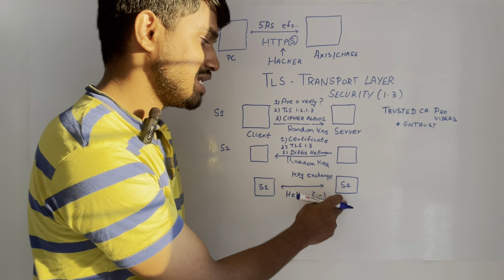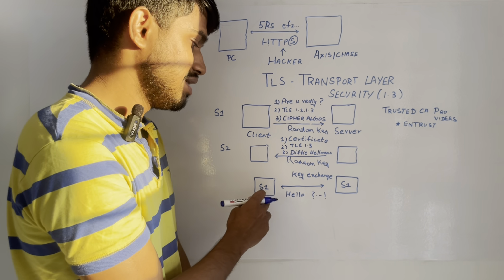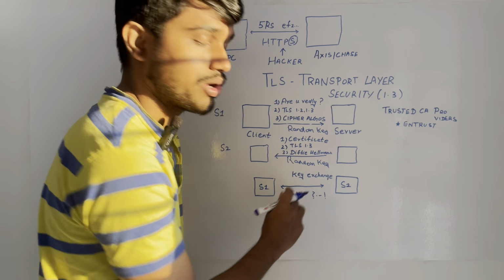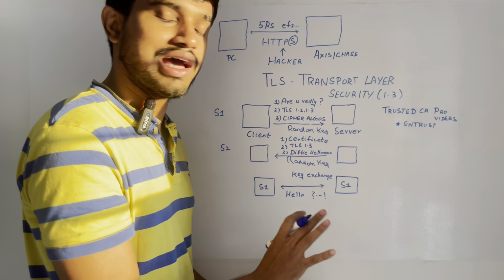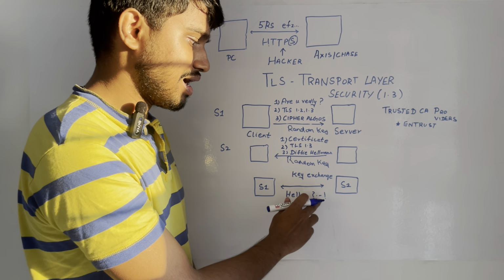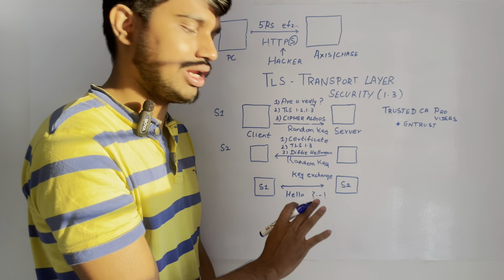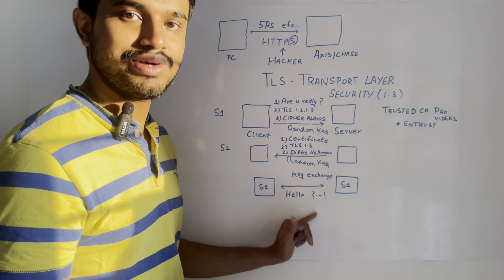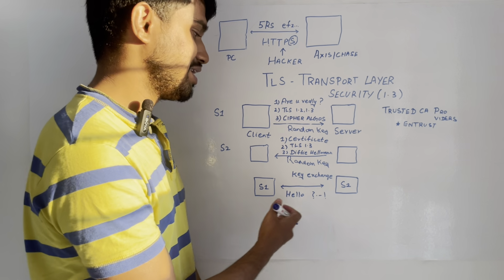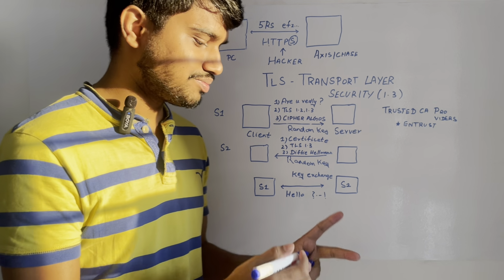So if hello is properly decrypted and the client is also able to successfully encrypt, they say that okay, I believe you, you believe me, we have a secret key, so we are safe. No one can identify what this is, so we will be able to communicate securely. So this last step in technology is called a handshake, not a literal handshake, but the client and server shaking hands that okay, we are good to communicate, right?